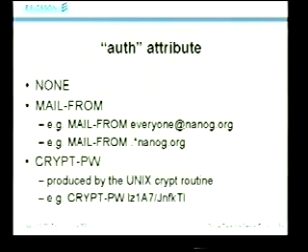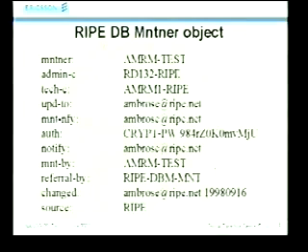I think I showed you this here. Here is the crypted password. This is based on a clear text password. So if I was sending in an object, in the email I would put in the clear text password, and the database would compare it with this crypted password. And it's produced by the Unix crypt routine.